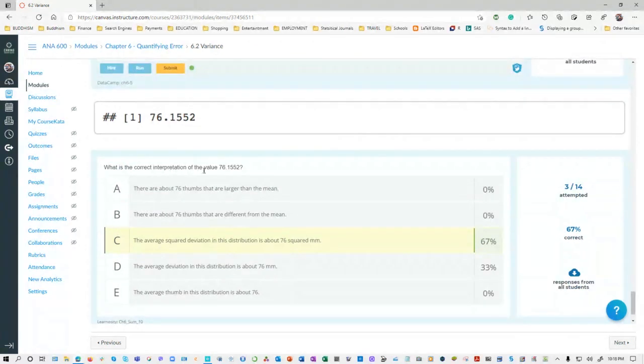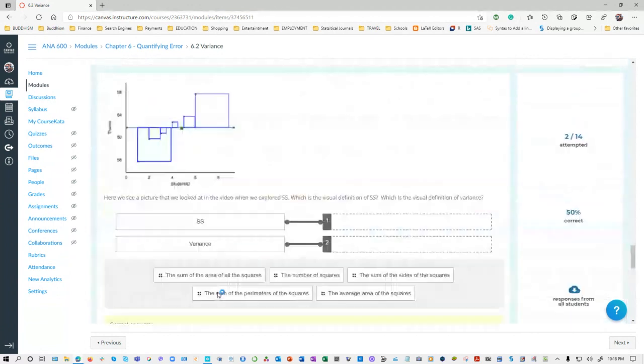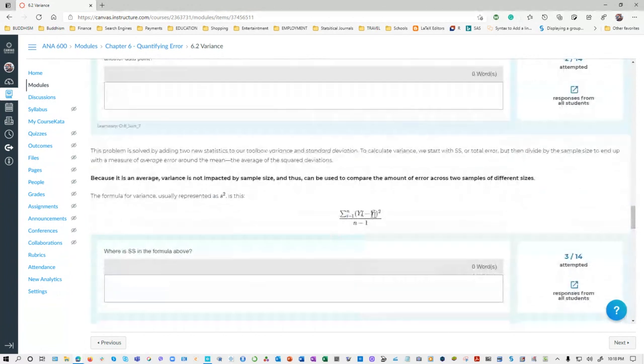What is the correct interpretation of the value of this one? The average square deviation in this distribution. Can you remember? It is average square deviation. Average comes from this one, square deviations. Rather than saying sum, they call it the average, because when you use the average, you don't have to mention the sum.